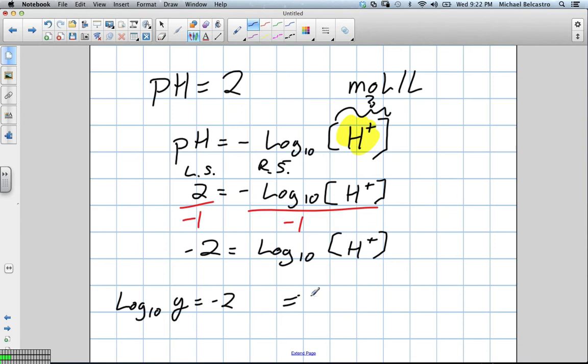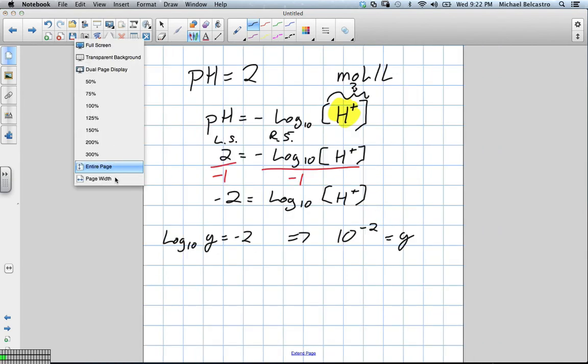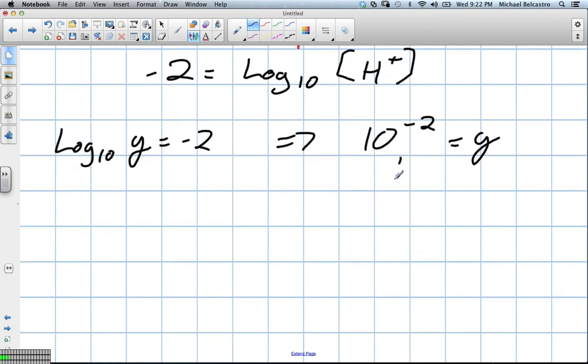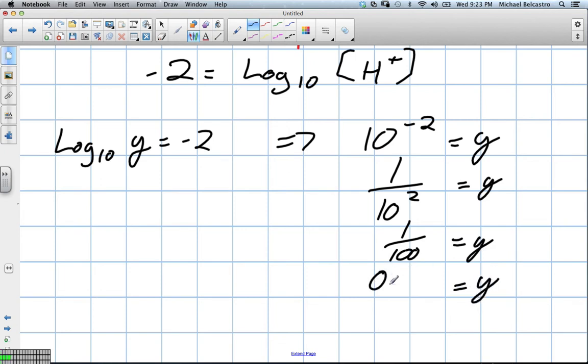Well, we know that the equivalent in exponents is 10 to the power of negative 2 is equal to y. Well, this is very simple for us to calculate. We can calculate 10 to the power of negative 2. In this case, it will make the exponent positive, becomes 1 over 10 to the power of 2 is equal to y. 10 to the power of 2 is 100, so 1 over 100 equals y. 1 over 100 as a decimal is 0.01.